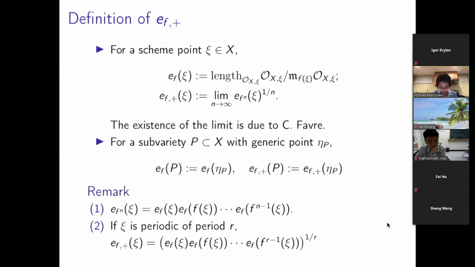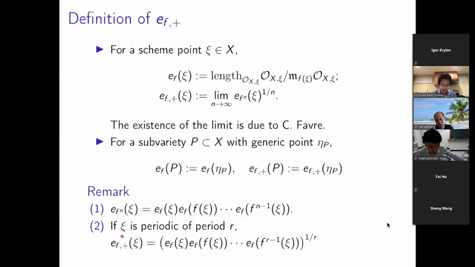Okay, so let me remark something. First of all, we have a chain rule for multiplicities. So this is just the chain rule of first course calculus. But we need F to be a flat morphism for this chain rule.